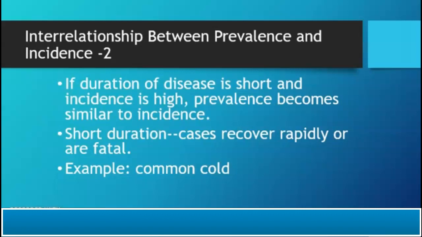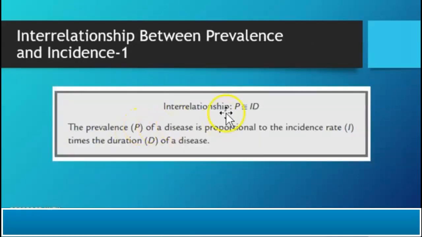As you can see in the equation, if the duration of disease is short and incidence is high, then prevalence becomes similar to incidence. Basically, in this equation, if D comes close to 0 and incidence becomes really high, then the prevalence and incidence are similar to each other.